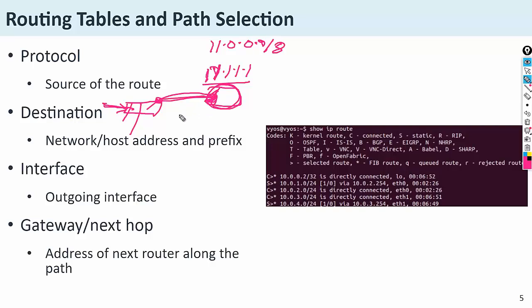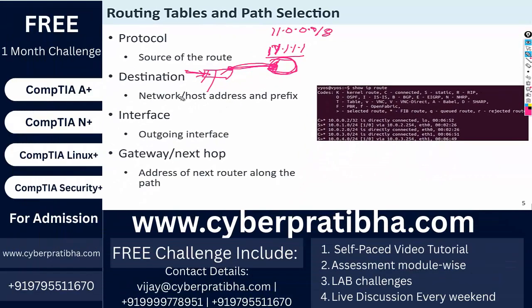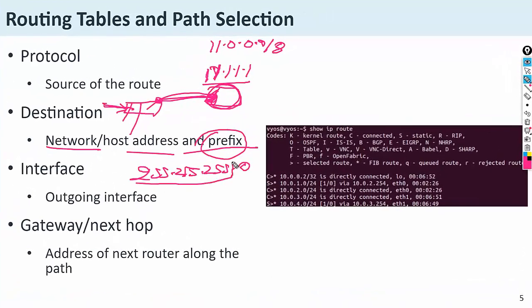What will be the destination? This destination is identified with the network address or the prefix. Prefix means the long-listed subnet mask, 255.255.255.0. So by looking at the prefix or the subnet mask, it will easily identify the network.